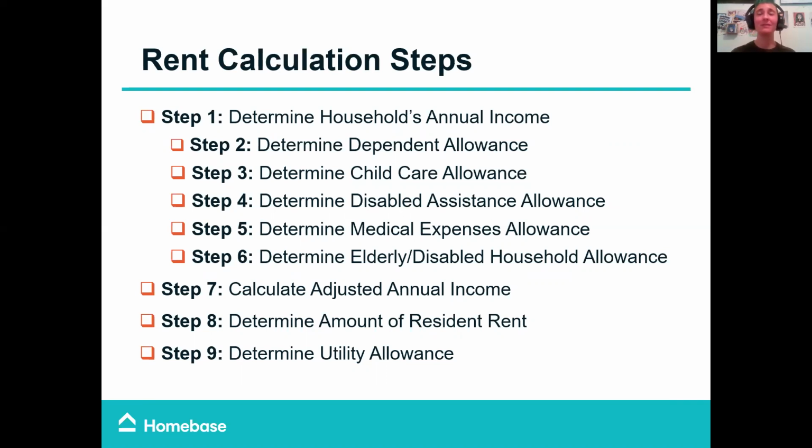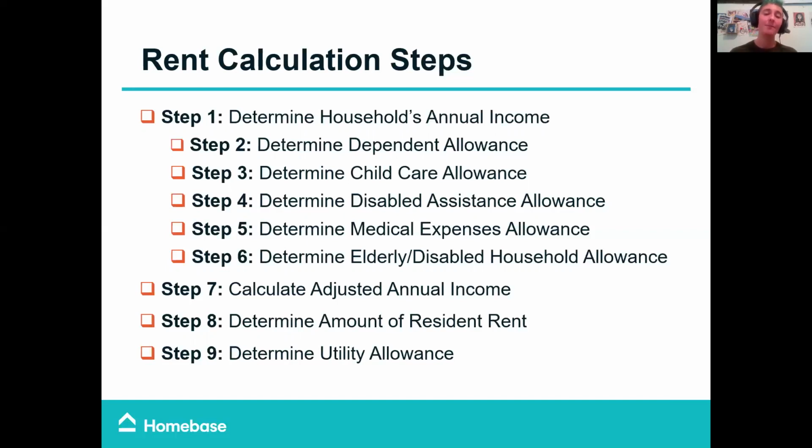An allowance is just something that HUD has created to deduct certain amounts of income from the total adjusted income. That's what the adjusted means. Once you've determined whether a household qualifies for each allowance and then how much that allowance is going to be, step number 7 is actually calculating the adjusted annual income by subtracting all of those allowances from the total income you calculated in step 1.